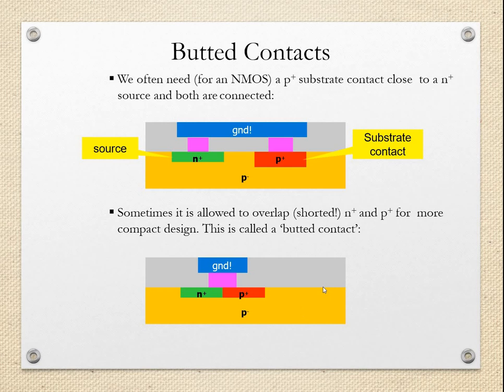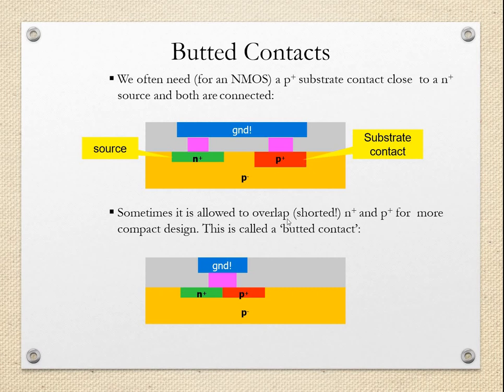Then the butted contact. We often need for NMOS a P plus substrate contact close to an N plus source, and both are connected. So this is a source and this is a substrate contact.